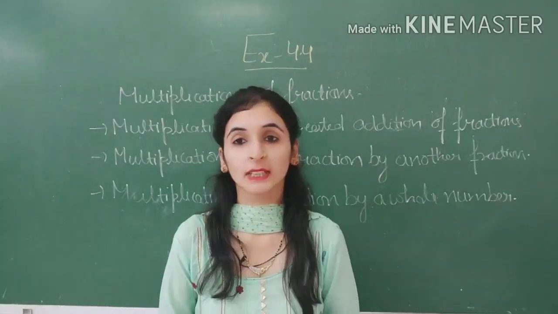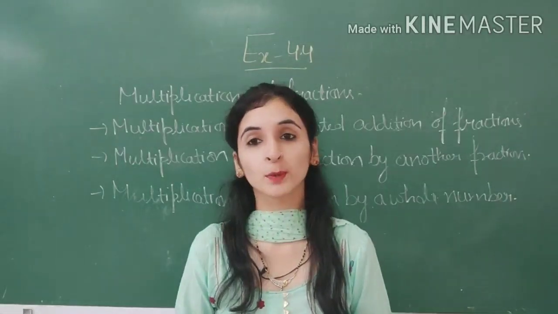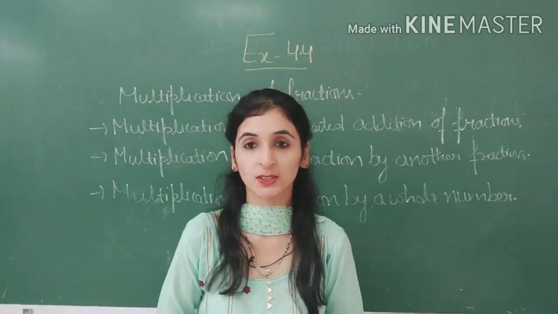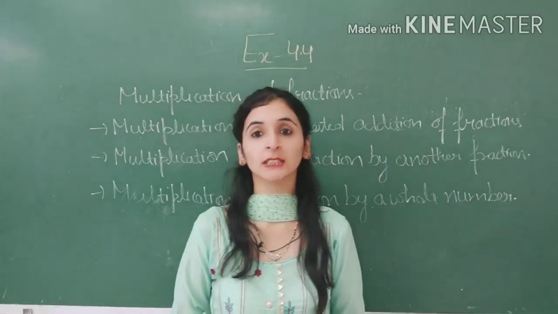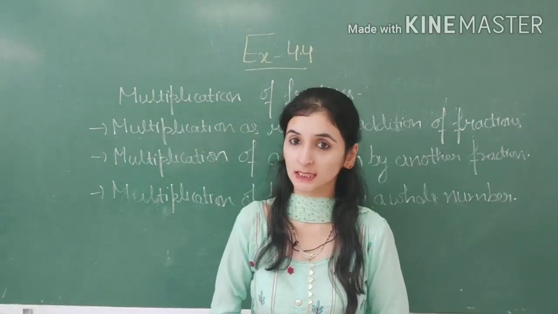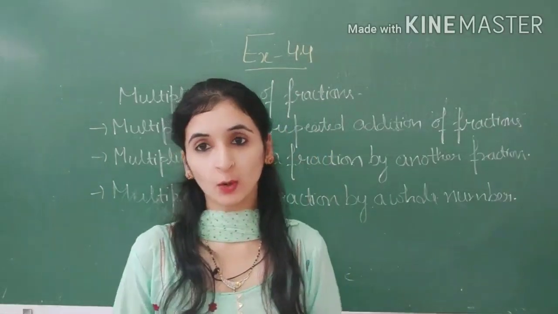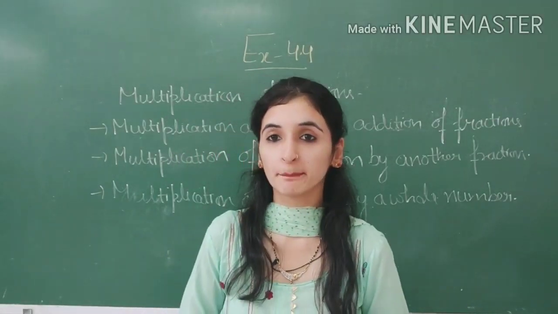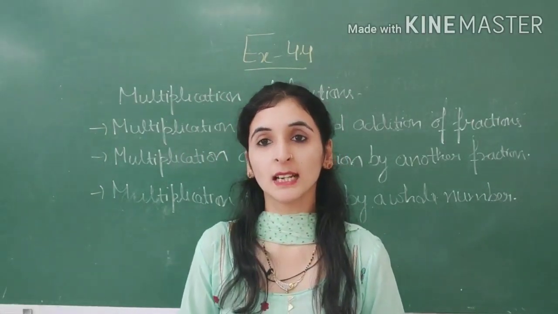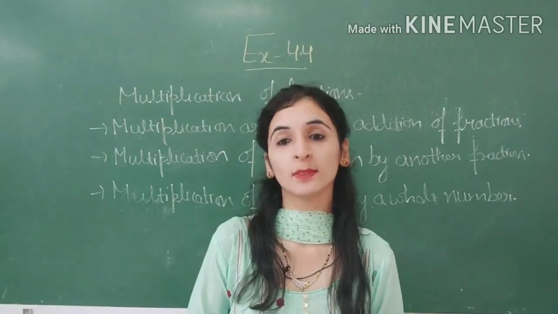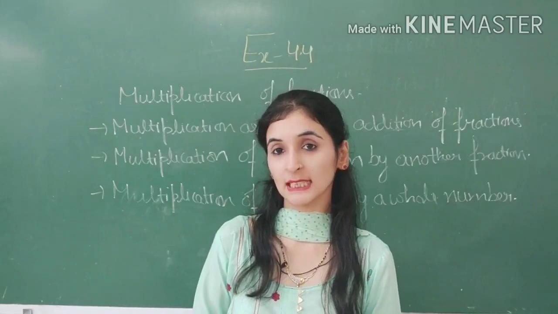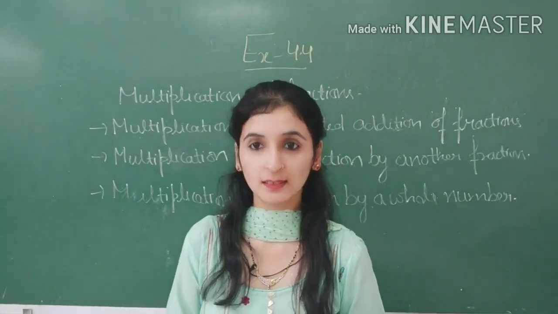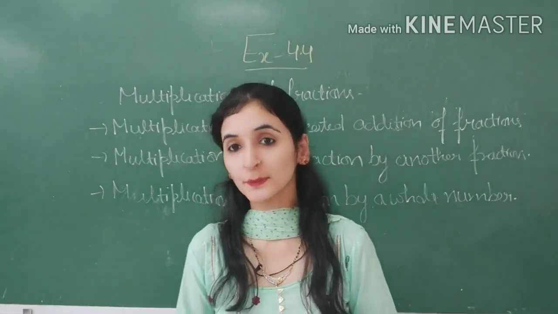In our last lecture we have also done properties of addition and subtraction of fractions. I hope the concept of addition and subtraction of fractions is clear to you all. So now we are going to start with multiplication of fractions, and there are three ways, or you can say three cases, to multiply the fractions.